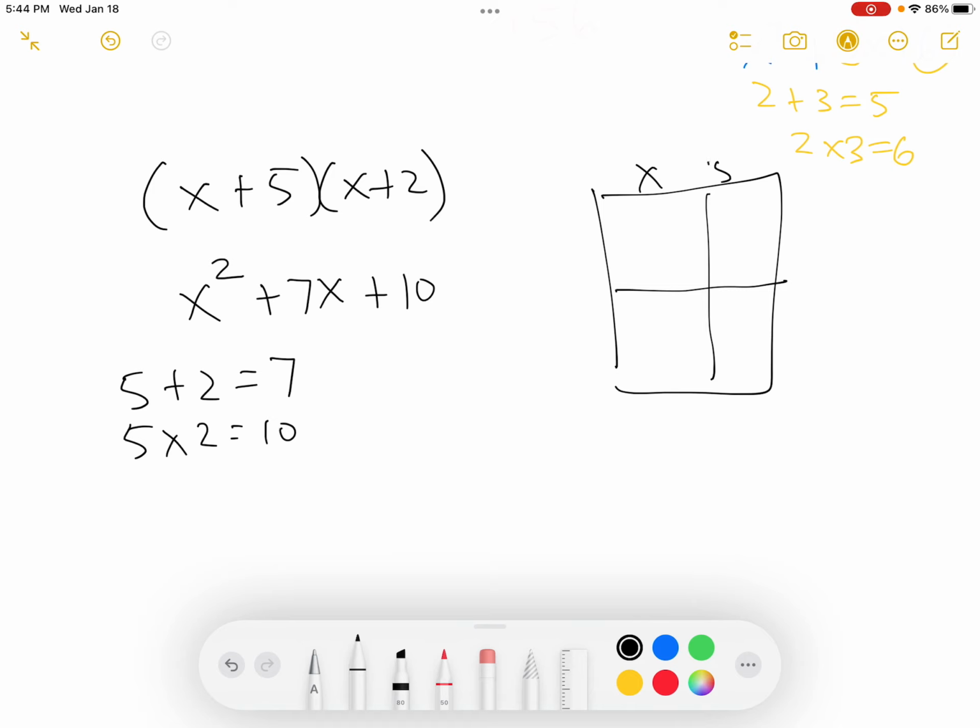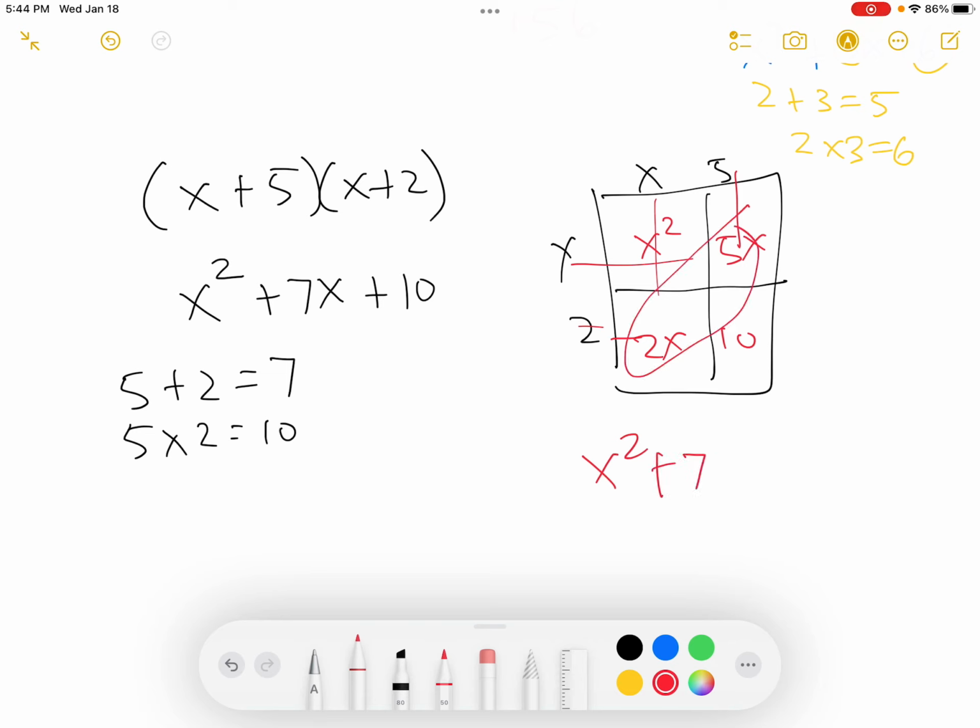This is x, 5, x, 2. X times x is x squared, x times 5 is 5x, 2 times x is 2x, 2 times 5 is 10. So I've got x squared, 5 plus 2 is 7x, 5 times 2 is 10. So that and that are the same thing. But again, the shortcut here, I'm just doing 5 plus 2, 7, 5 times 2, 10.